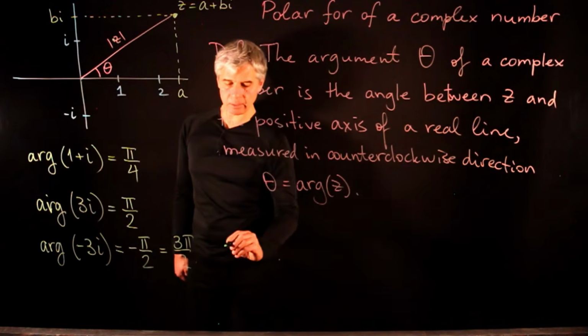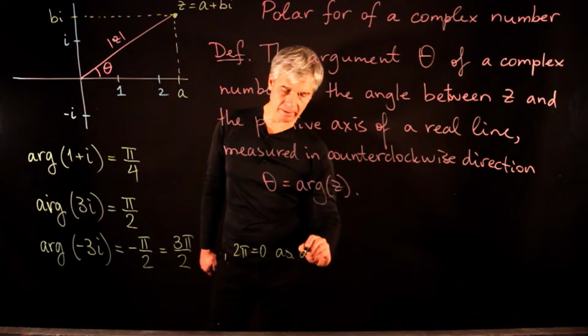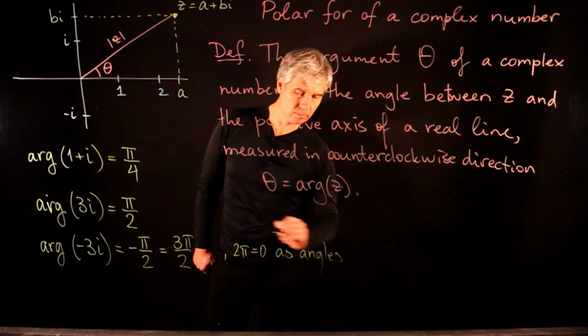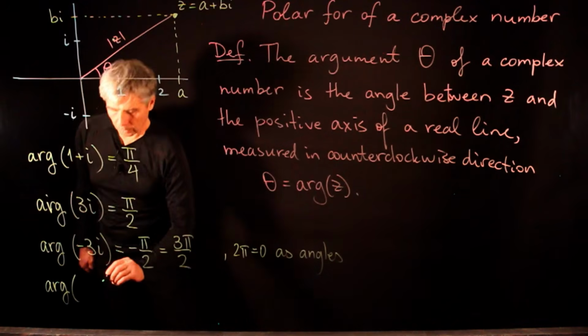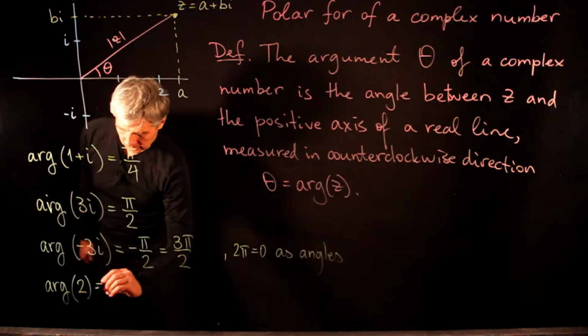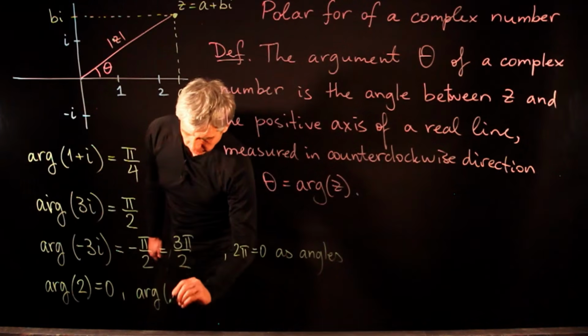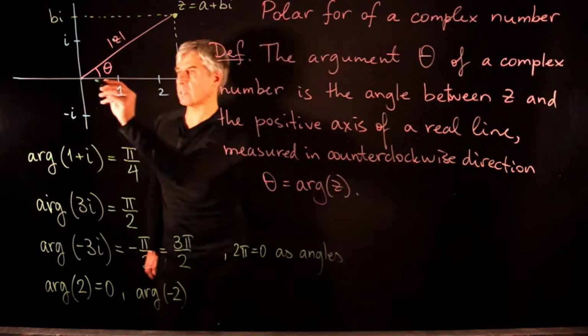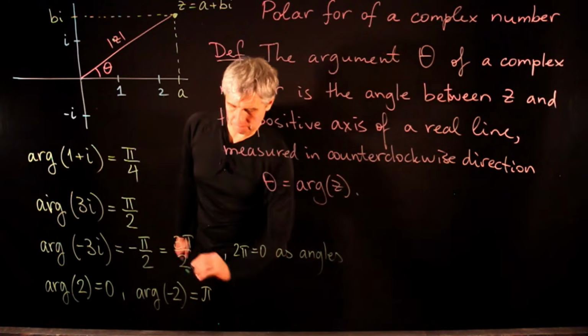So as angles, 2 pi is equal to 0. So if we take real numbers, then the argument of 2 is equal to 0, and the argument of negative 2, because now it's on the negative side, will be equal to pi.